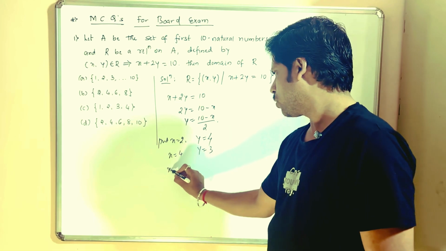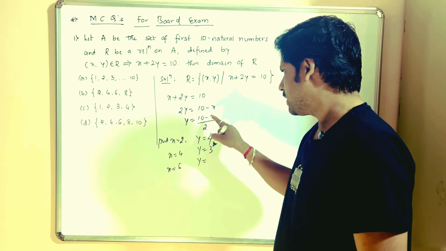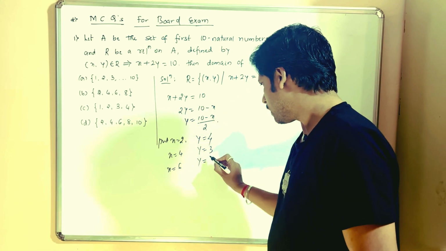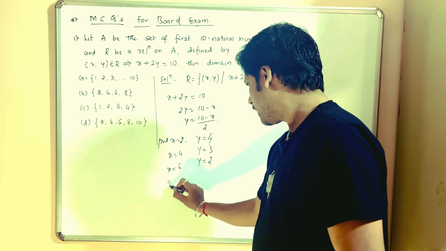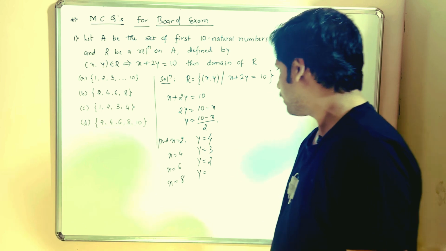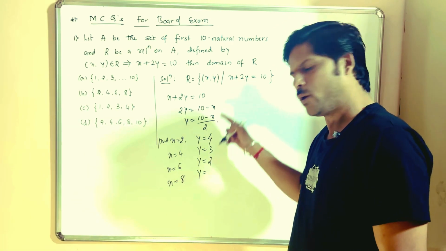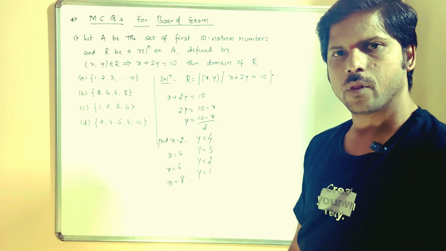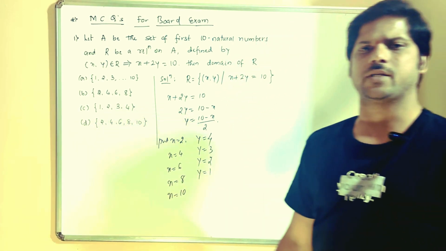Put x equal to 6: y is 10 minus 6 is 4, and 4 by 2 is 2. Put x equal to 8: y is 10 minus 8 is 2, and 2 by 2 is 1. Put x equal to 10, because 10 is also in the first 10 natural numbers.